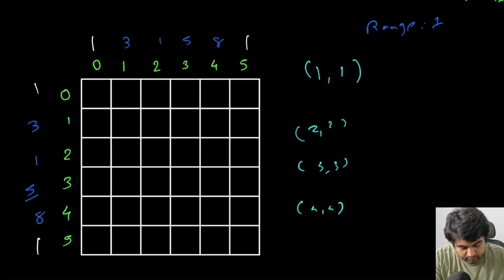Okay, now for 1 1, we are thinking that if this were the last value that we are going to burst, what is going to be the result? Because the range is 1, remember, we are only incrementing the neighboring cell by 1. So in this case 3 multiplied by 1 multiplied by 1, so the maximum value we can generate is going to be 3, so we will mark it over here.